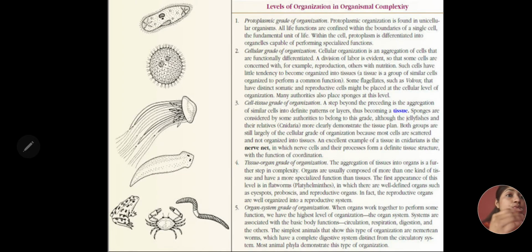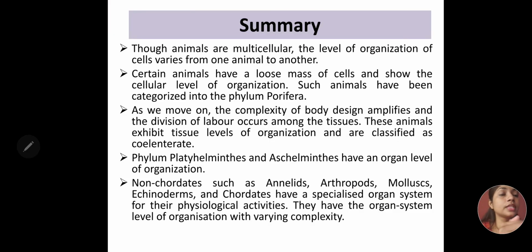This is another image where in a single image you can see the 5 different levels of organization with explanation, which we have already learned now. So to quickly summarize, though animals are multicellular, the level of organization of cells varies from animal to animal, and certain animals have a loose mass of cells and show cellular level of organization. Such animals have been categorized in the phylum Porifera, and as we move on, the complexity of the body design increases and the division of labor occurs among the tissues.